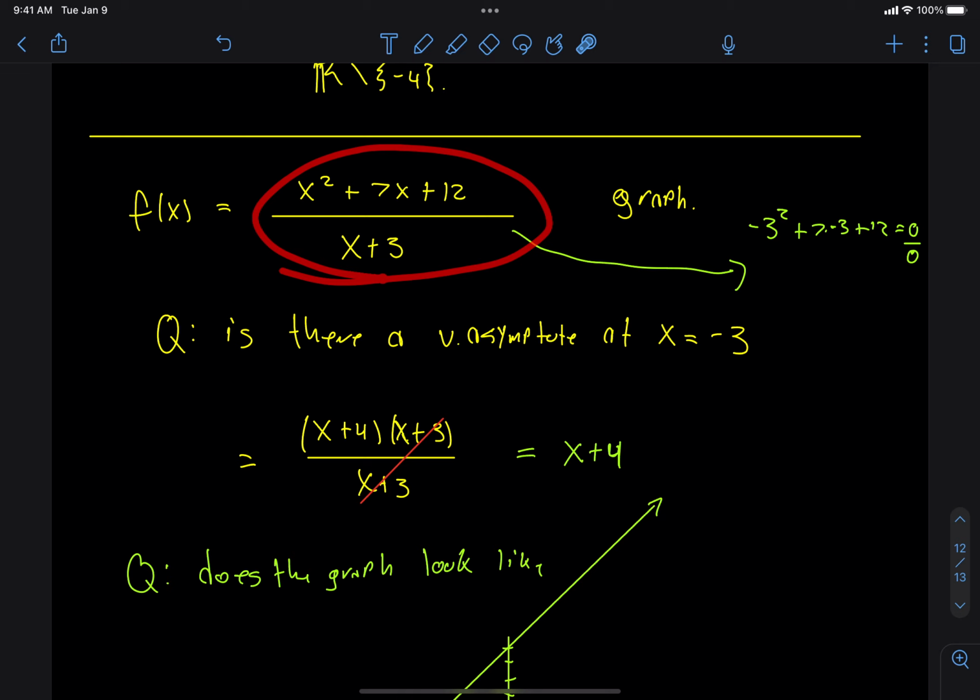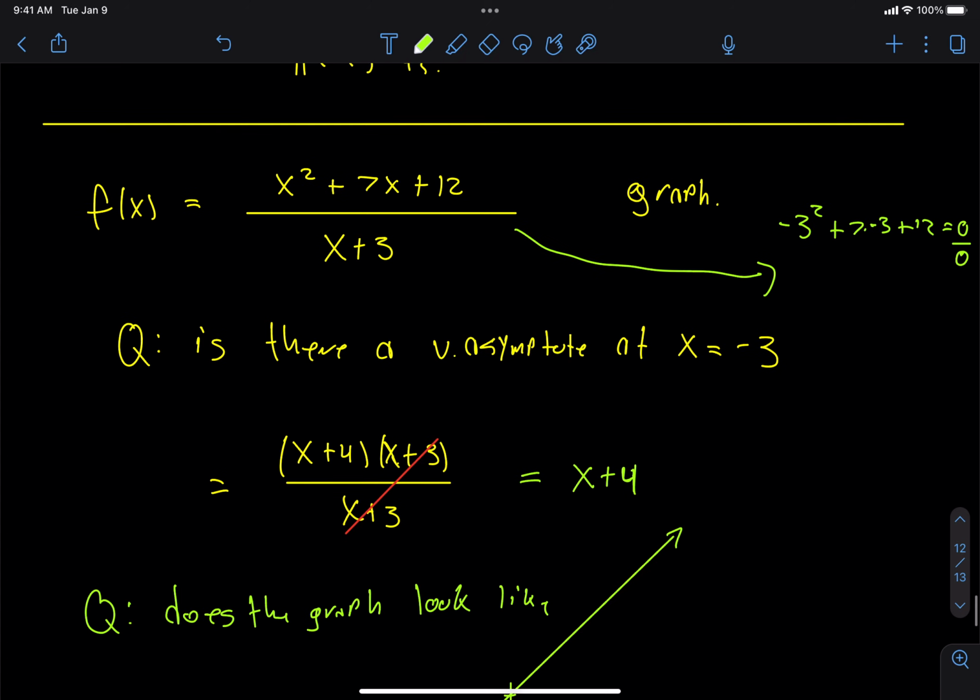No, so -3 is not in the domain of this function. So, this function will be equal to x plus 4, provided that x is not equal to -3.